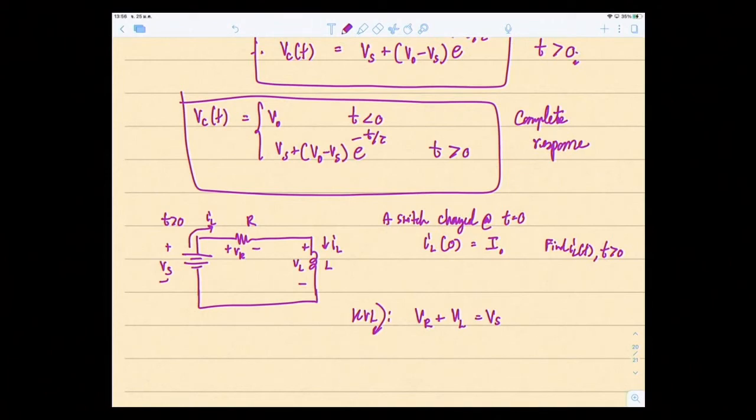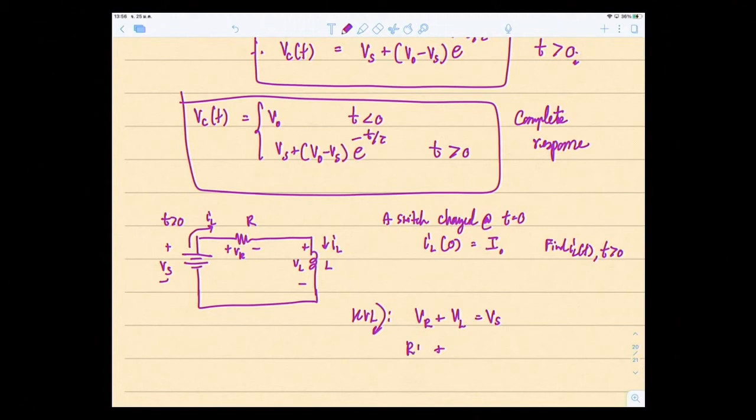I want to find I, right? So I have to change everything into I, change VR to I. So Ohm's law, V equal to IR, so R times IL, plus VL. The relationship between the current going through L and the induced voltage across L is of course L di by dt. Let me rewrite this, it's not so nice.